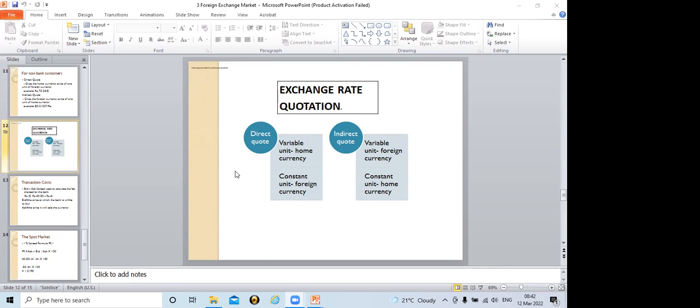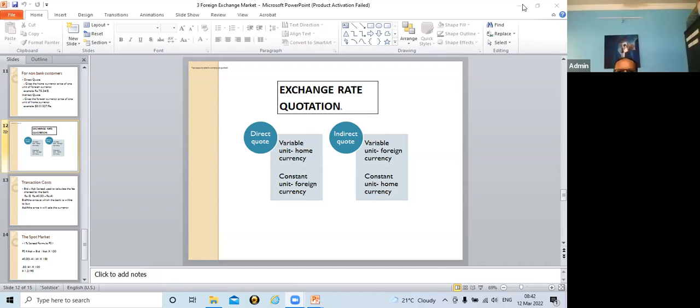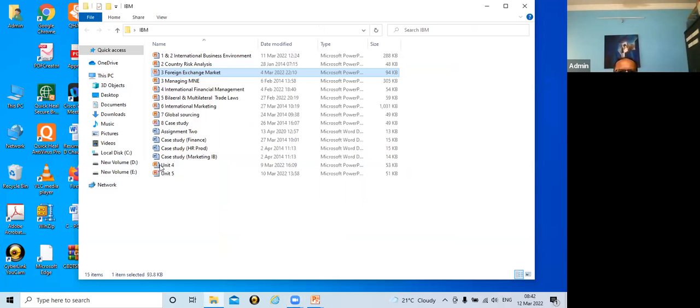Okay, so this was about the foreign exchange market. We'll take you to the fourth unit. But before the fourth unit, one more part I would like to cover, that is bilateral and multilateral.